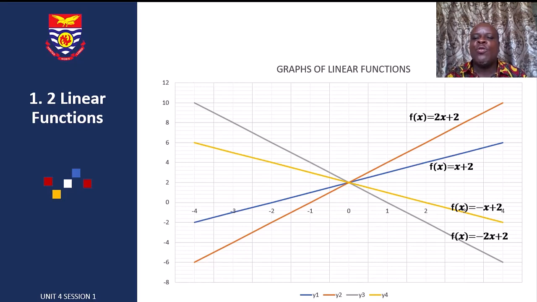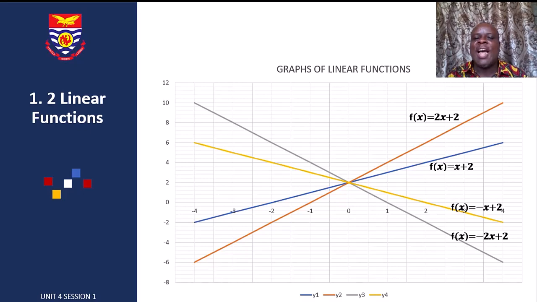So you see that the orientations of the first two lines are from the lower part of the left to the upper part of the right. Then when you look at the other two, the gradients are negative. And so the orientation is from the upper part of the left to the lower part of the right.